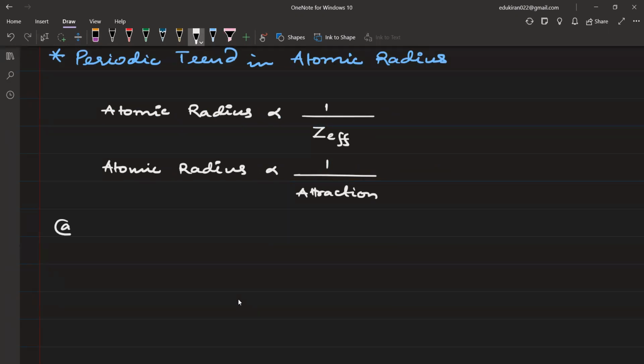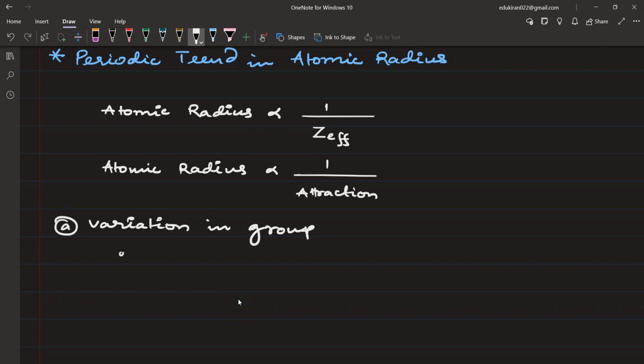Right, part A, variation in group. So what is going to happen in a group? We know that in a group, the outermost orbit increases. That is why the atomic radius will increase from top to bottom.